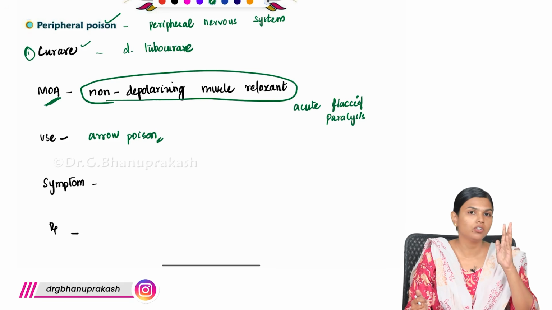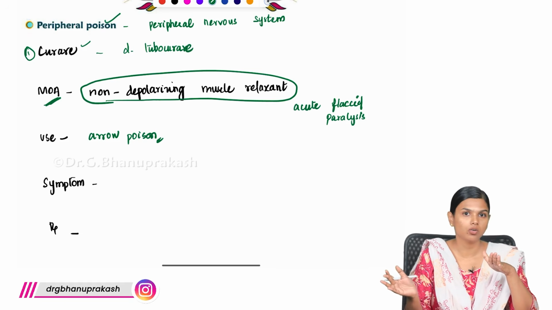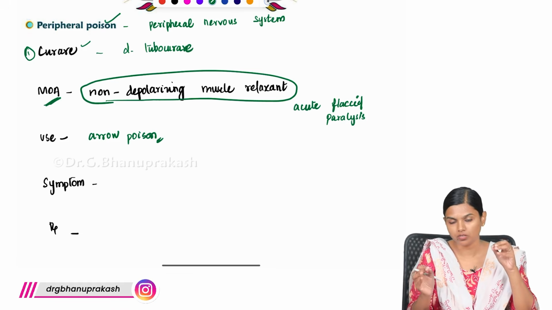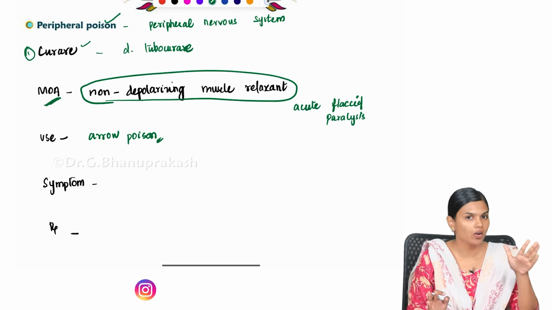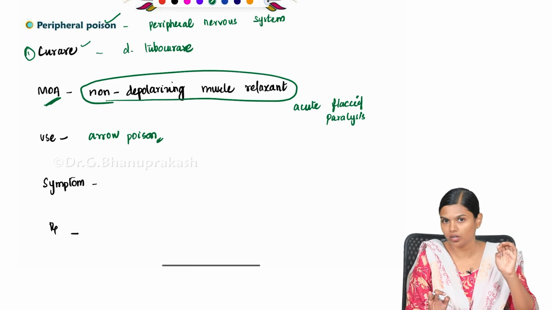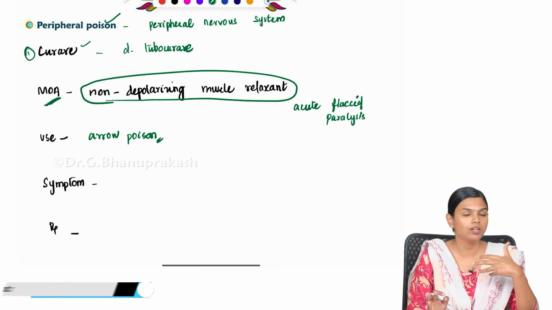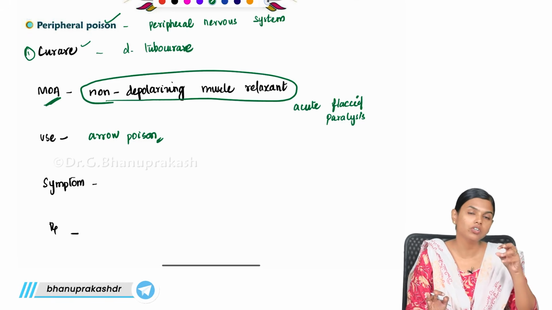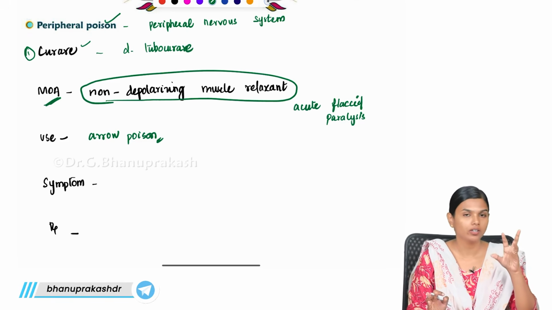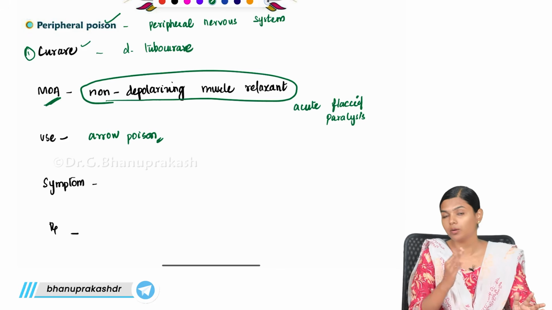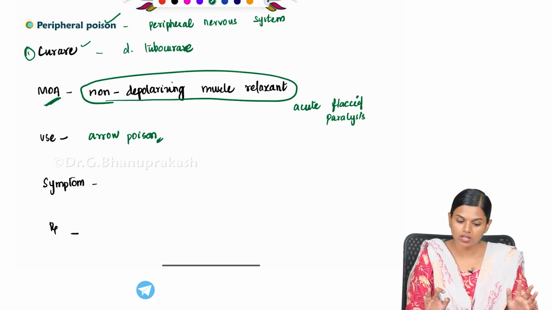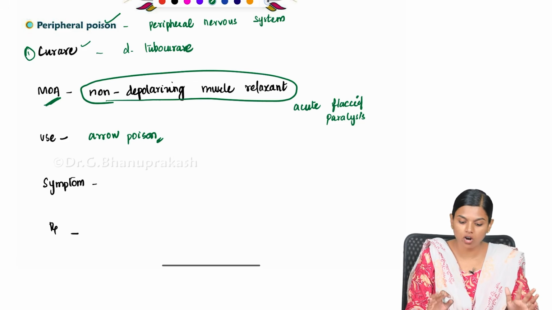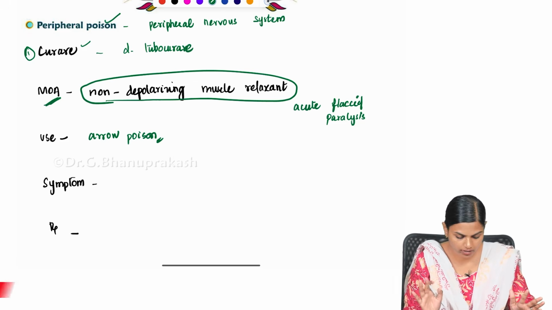This is the important aspect of curare. It is used as an arrow poison for killing animals during hunt, but by eating the animal, you will not get any poisoning. But if you eat curare directly, or if you get injected by the curare, then you can get poisoned. So this acts peripherally, and it causes non-depolarizing muscle relaxation.